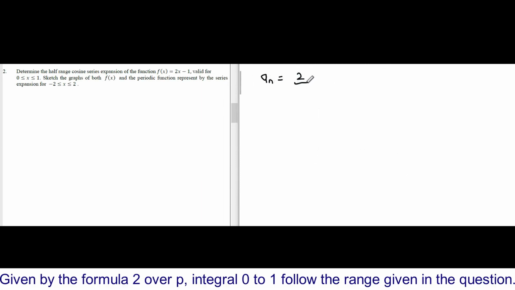Now we find the value of An. Given by the formula 2 over P integral 0 to 1, following the range given in the question.